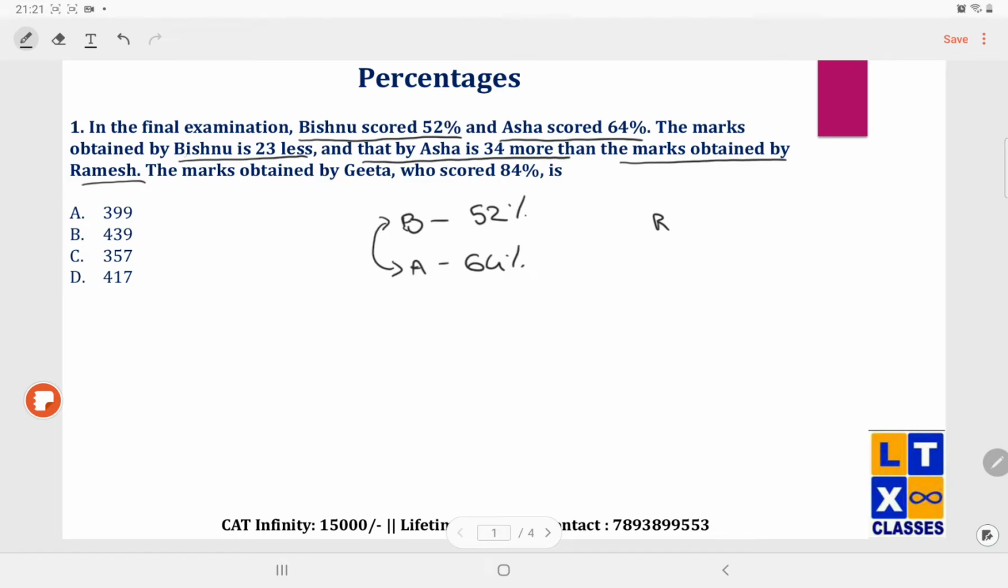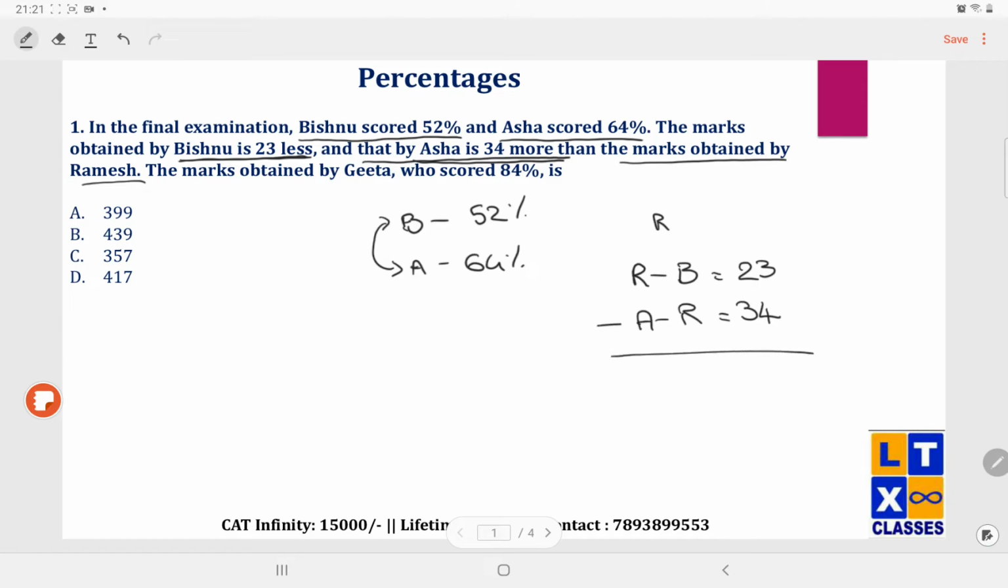So very clearly it says Bishnu is 23 less, which means Ramesh has scored more marks than Bishnu. So the differential in the marks between Ramesh and Bishnu is 23. Similarly, Asha is 34 more than Ramesh, which can be represented as A minus R equal to 34.